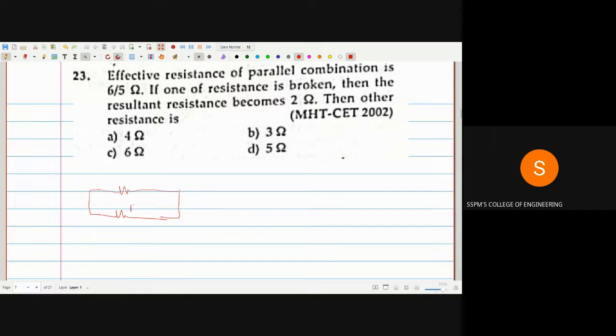Let's consider R1 and R2 are in parallel. Then effective resistance is 6 divided by 5. But in second case, one of the resistance is broken. Broken म्हणजे तो रिमूव्ह केलेला आहे. Only R1 is left. R2 is broken.